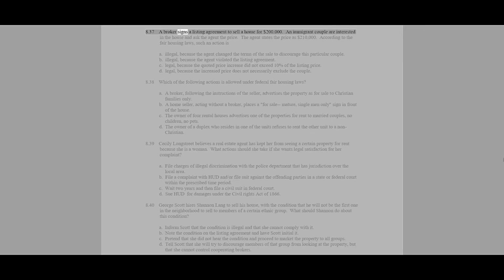8.37 A broker signs a listing agreement to sell a home for $200,000. An immigrant couple are interested in the house and ask the agent the price. The agent states the price as $210,000. According to the fair housing laws, such an action is A. Illegal, because the agent changed the terms of the sale to discourage this particular couple.